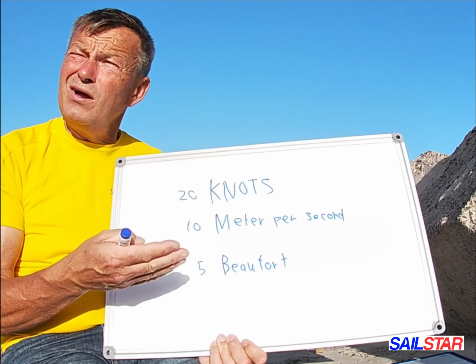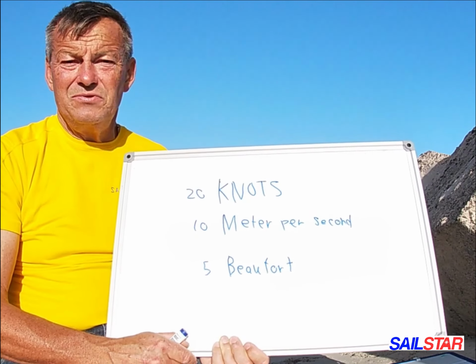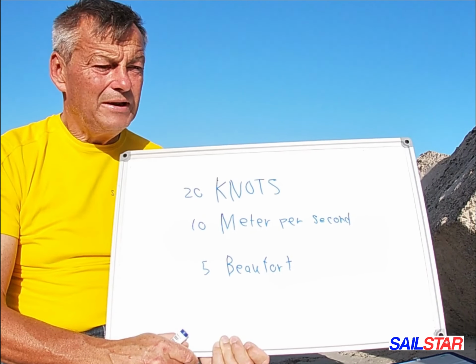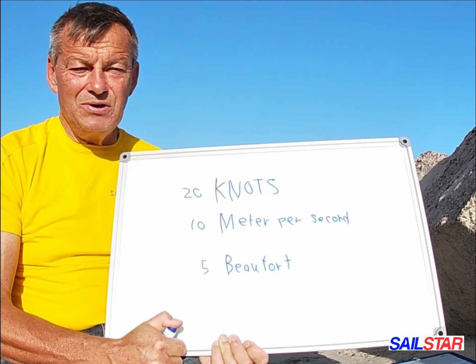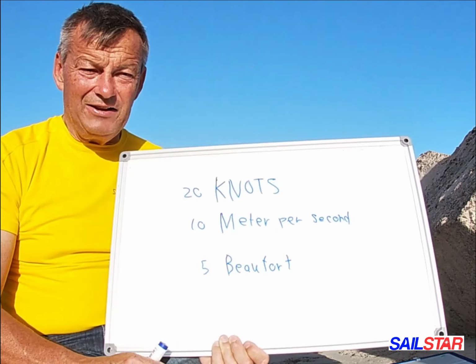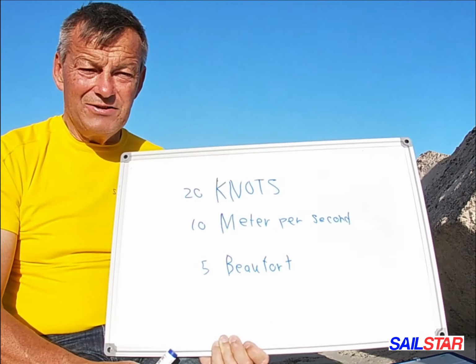Of course, there are a lot of different wind measurement methods, so use one of them, and when you're out there, try to look at the waves and understand how much wind it actually is.